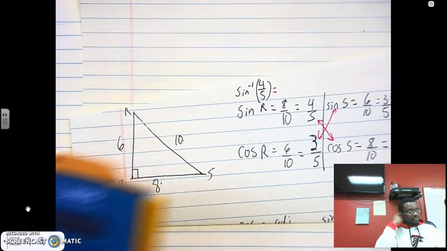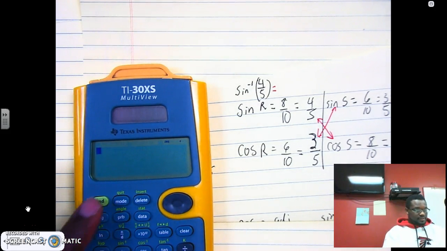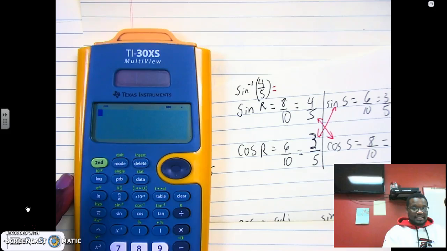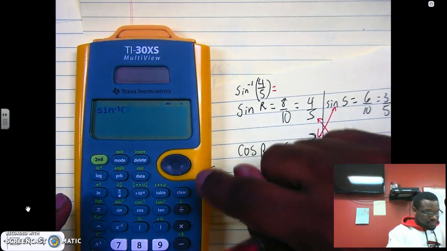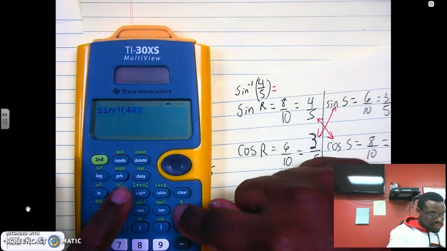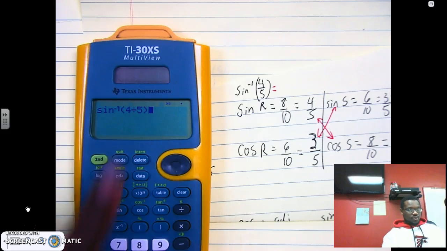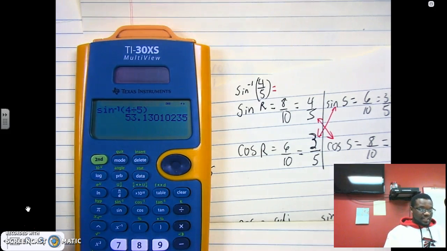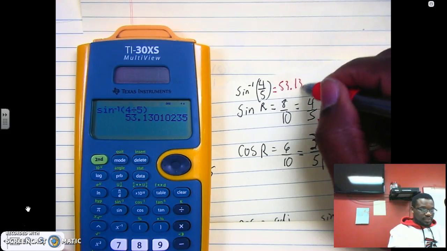Let's try that real quick. I hit second, and I do inverse sine of 4 divided by 5, close it up, same thing as 4 over 5, and you hit enter and you get approximately 53.13.